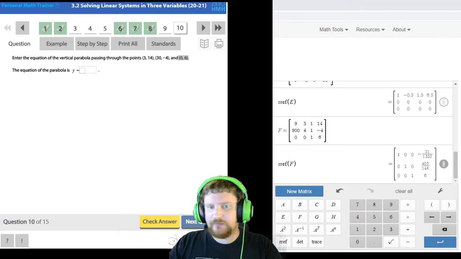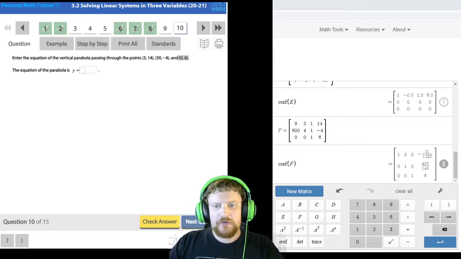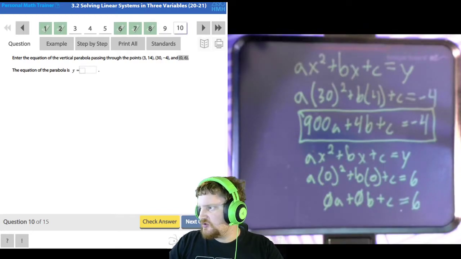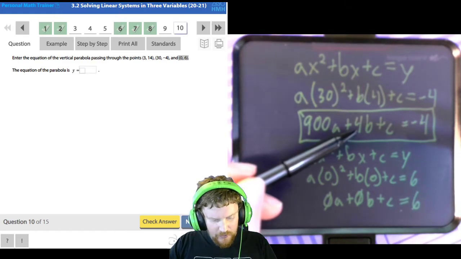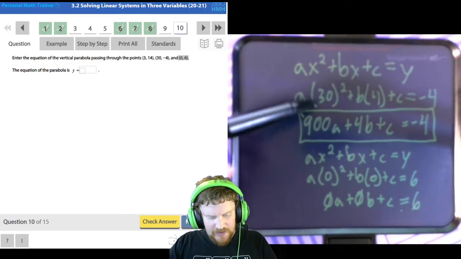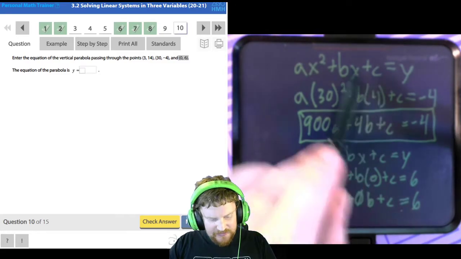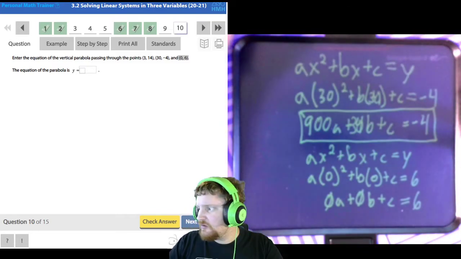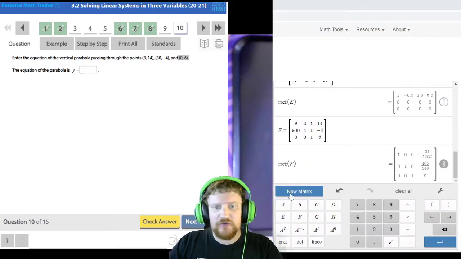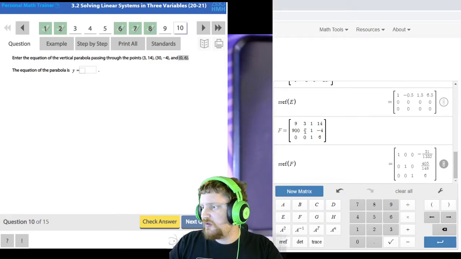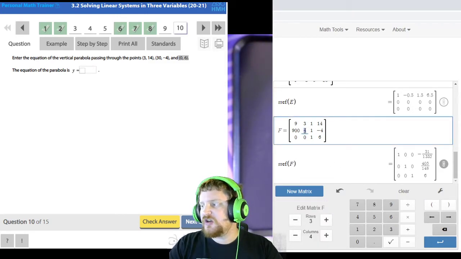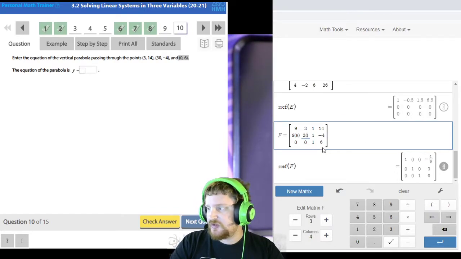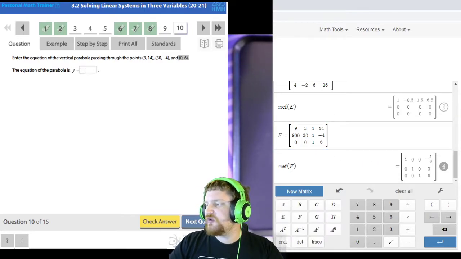I see what the problem is. You can usually tell on these if you've made a mistake. So you can see here I put 904, but this 4 is not accurate at all. This was supposed to be x, and x was 30 for this problem. So that should be 30b. So in Desmos, I need to replace that with a 30. You can usually tell you've made a mistake when you get an answer and the numbers are obnoxious and look like they make no sense. Now that looks much more reasonable.